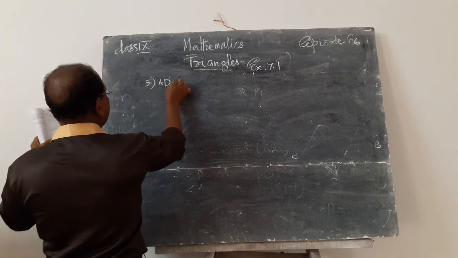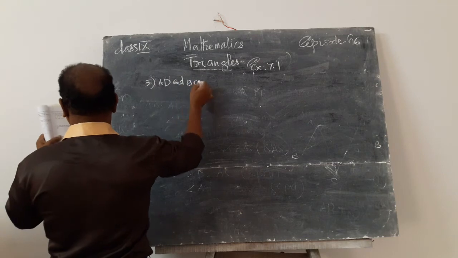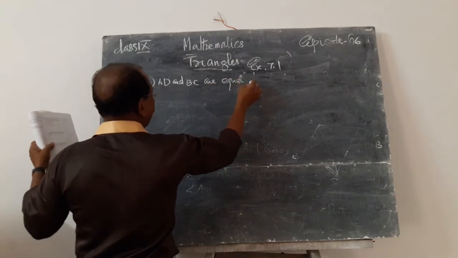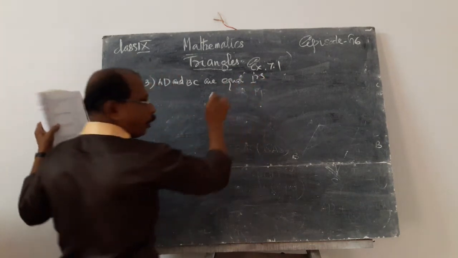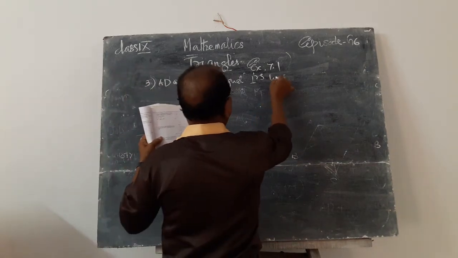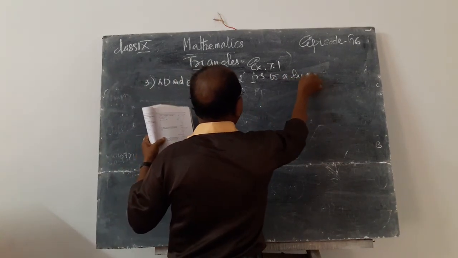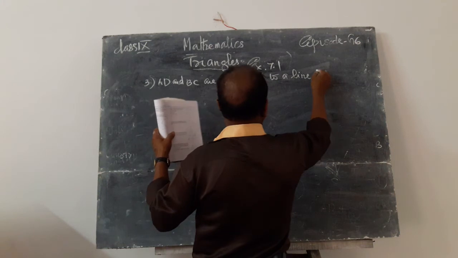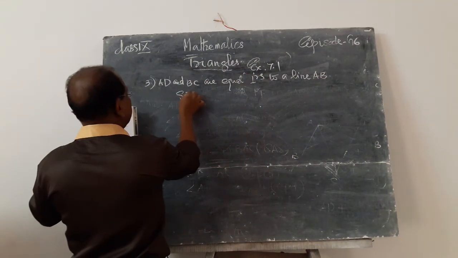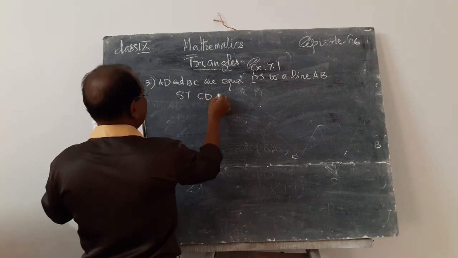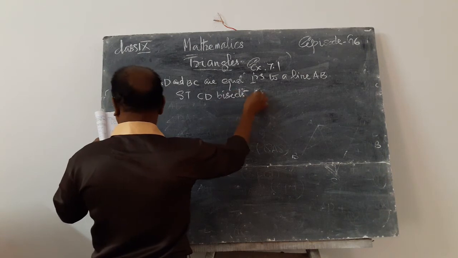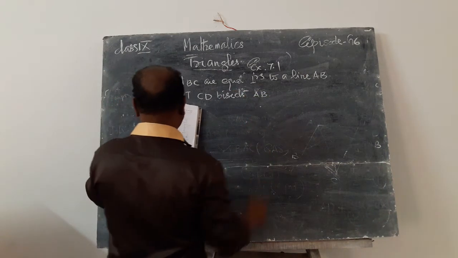AD and BC are equal perpendiculars to a line segment AB. Show that CD bisects AB. This is the figure.